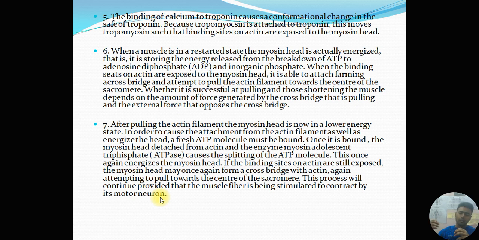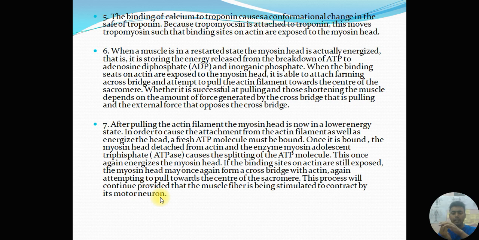So when the myosin head has been energized, if the binding sites are still open, and the signal goes from your brain again, the full process happens, and again there is a conformational change in the actin filament. If the binding site is still open, then it again makes a cross bridge.